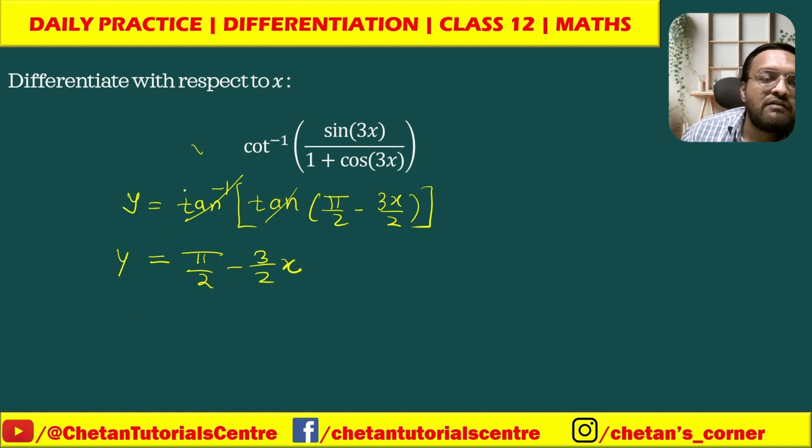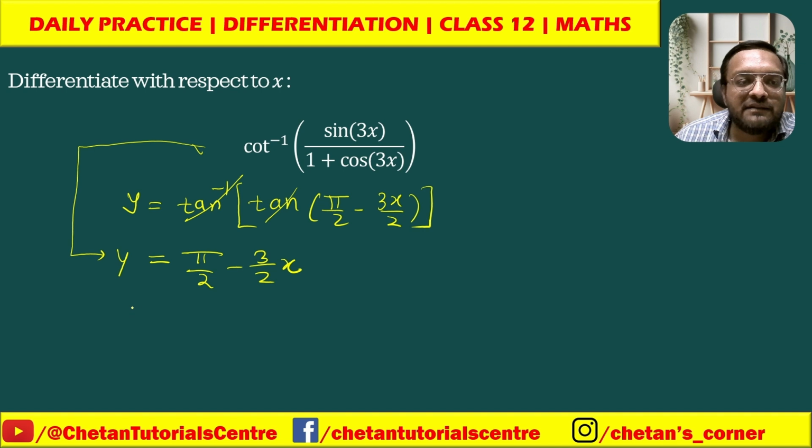As we have simplified the given function, now we can differentiate it with respect to x. So what I will get, dy by dx is equal to the derivative of pi by 2 with respect to x, which is 0 as it is a constant function.